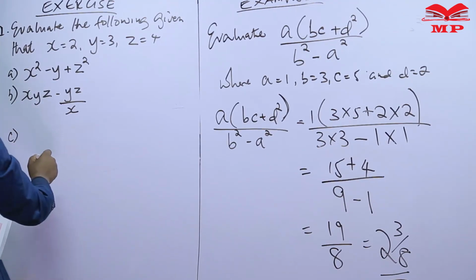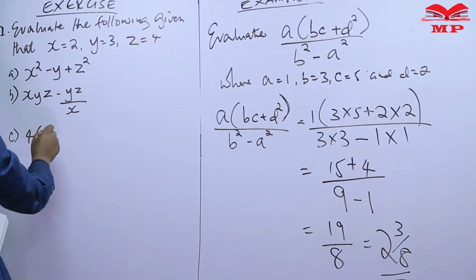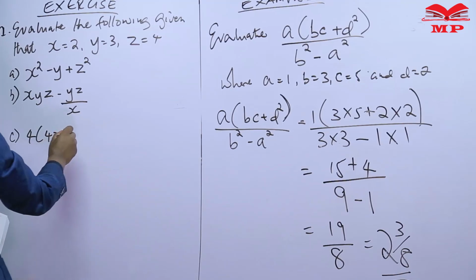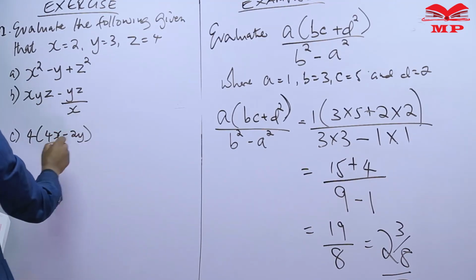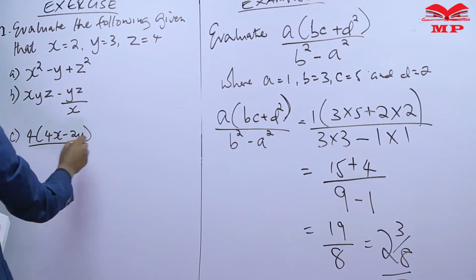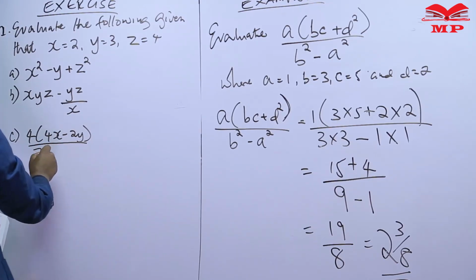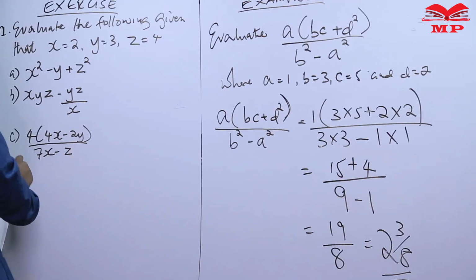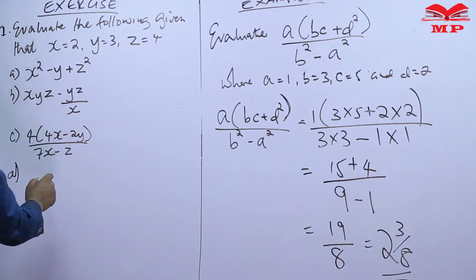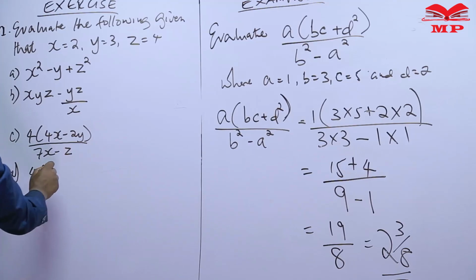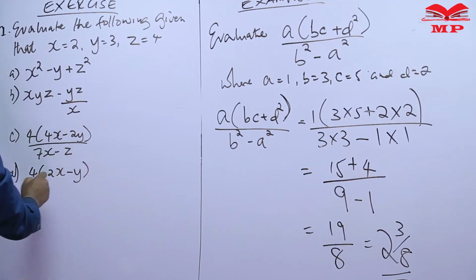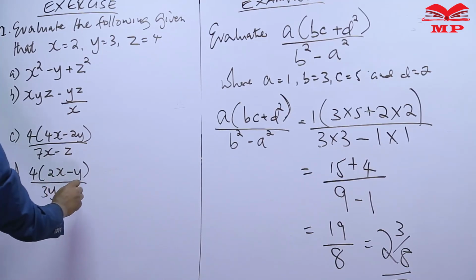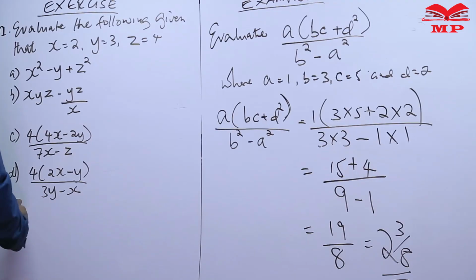C: 4 into 4x minus 2y over 7x minus z. D: 4 into 2x minus y over 3y minus x.